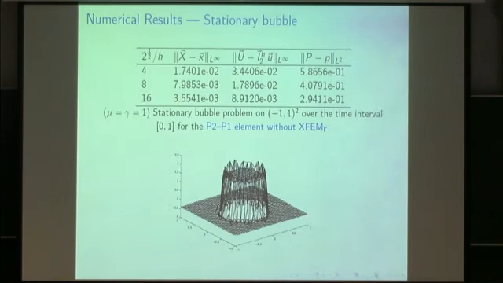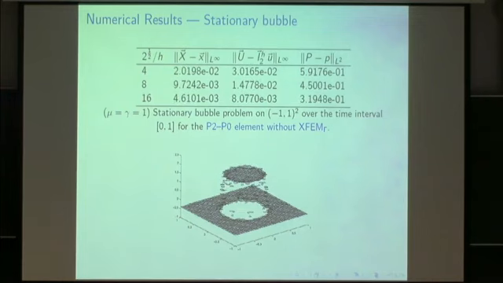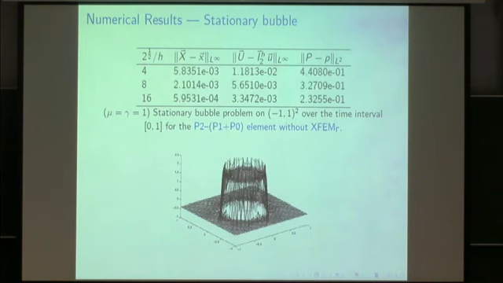So here is the test case of a stationary bubble, which you know has to be stationary. If you do it without XFEM, you see that you have non-zero velocities and your interface moves, and your pressures are not really nice. This is a plot of the pressure. It doesn't matter whether you use P2, P1, this is P2, P0, or you look at P1 plus P0 for the pressure. It can't really cope.